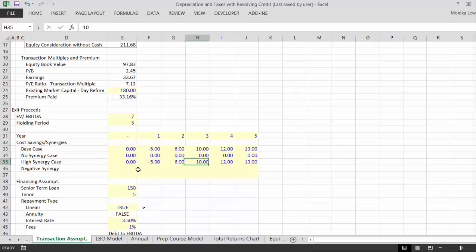Let's just make it 12, 15, 19. We talked about this, so in a negative synergy case, we'll just say it takes a lot more money than we thought to start fixing the company. It takes some more time, and then we don't even get anything when we're all finished with it.